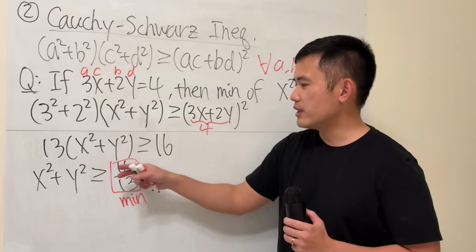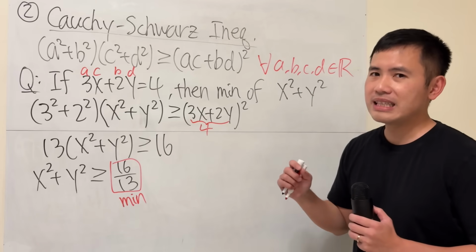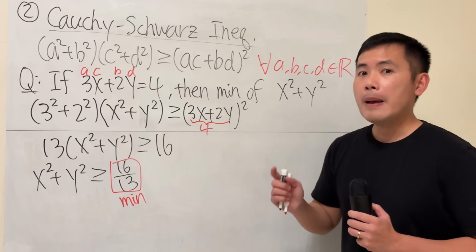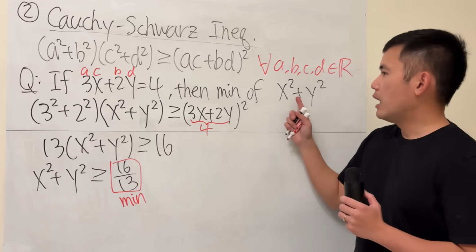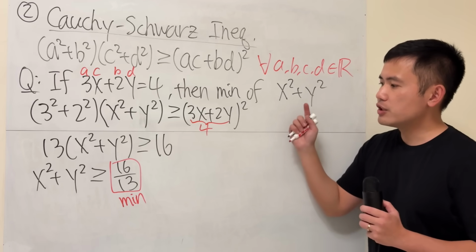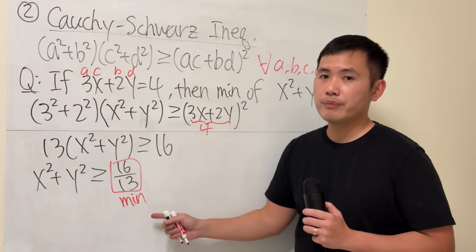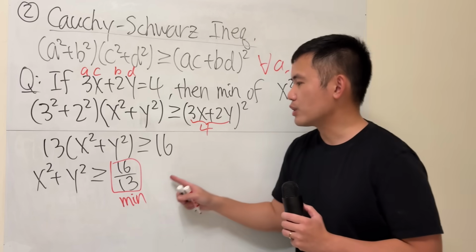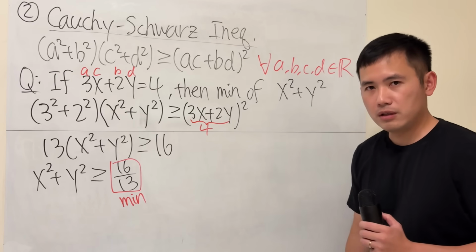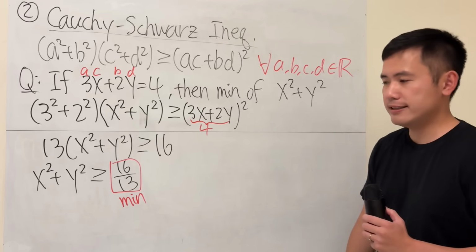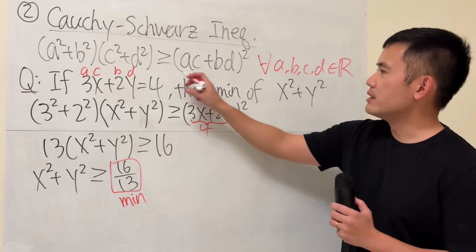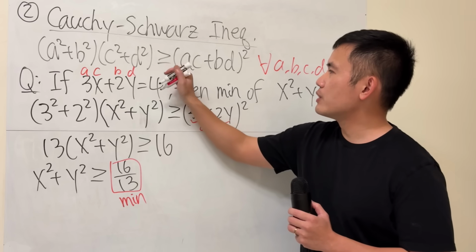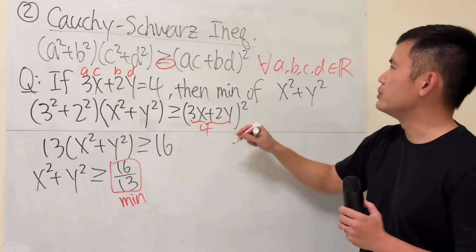I showed something is greater than or equal to 0, but the 0 is not the minimum value of the function, because we have to make sure our function here can actually achieve this value. Otherwise, I can say this is greater than or equal to negative infinity. But don't do that. So, when we have this inequality, we will also have to make sure of the equality situation.